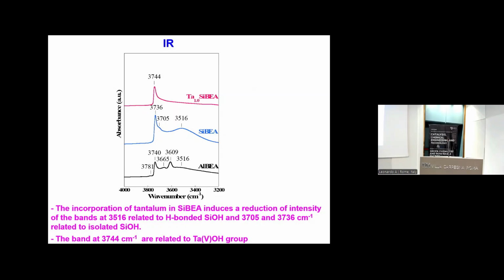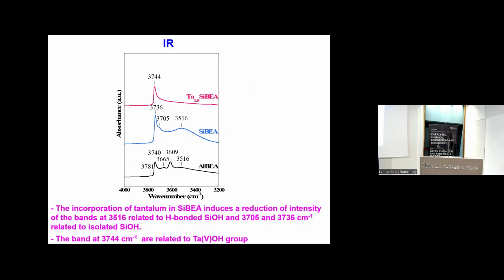Now, by infrared spectroscopy, we can see that in the case of aluminum beta zeolite, we have several bands. When we remove aluminum, we create vacancy sites and isolated OH groups. In this case, we form hydrogen bonded OH groups.